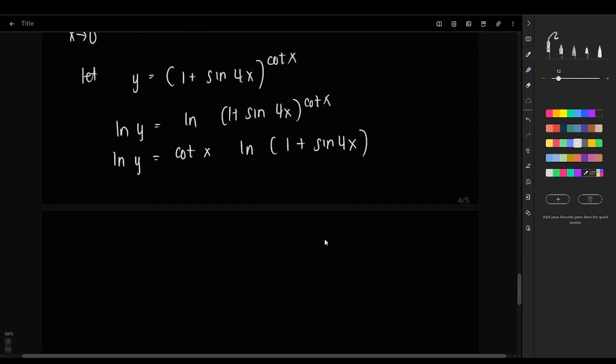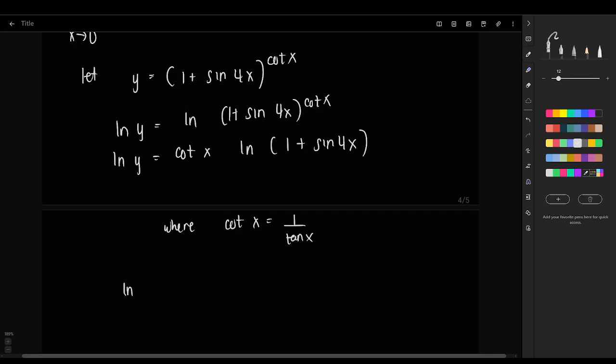Okay, what happens now is that cotangent is also 1 over tangent x.